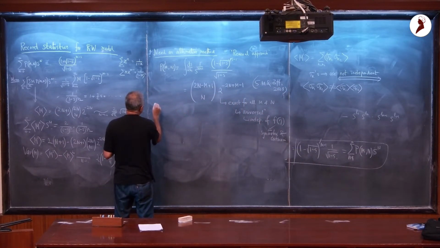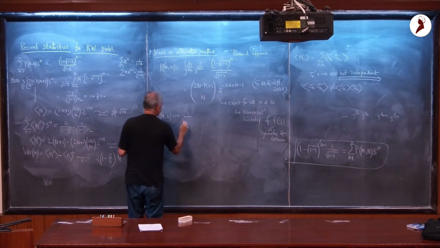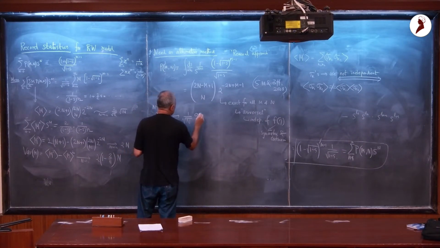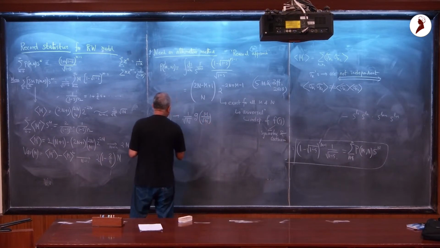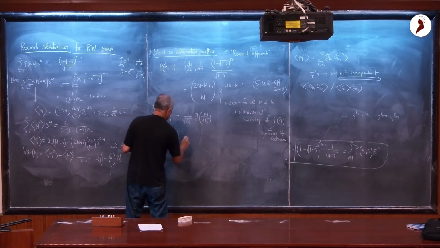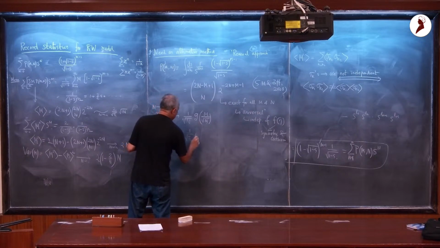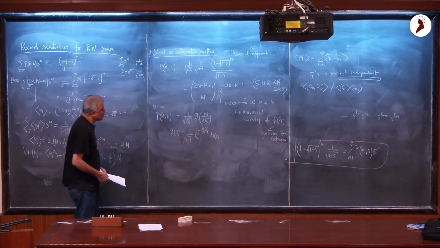And in the large m and n limit, if I take the large n limit, again I can use Stirling's formula to evaluate the asymptotics of this. What you find is that P(m, n) converges to some scaling function like this. And this scaling function g of y is again just exactly the half Gaussian that we came across before when we were calculating the distribution of the maximum of a Brownian motion.